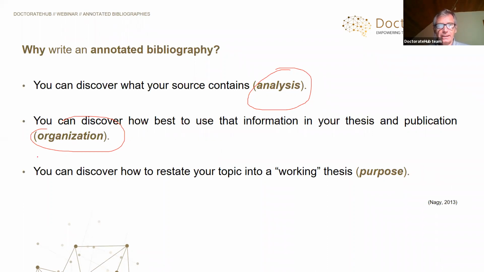And finally, after you have quite many annotated bibliographies, and you understand the content of all those papers, you will definitely be building it into your working thesis, while you are preparing your proposal or any other chapter in your thesis.